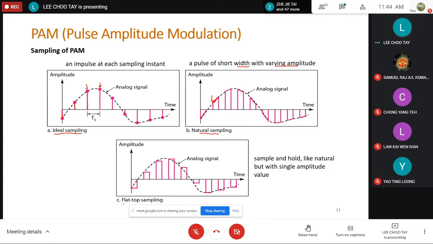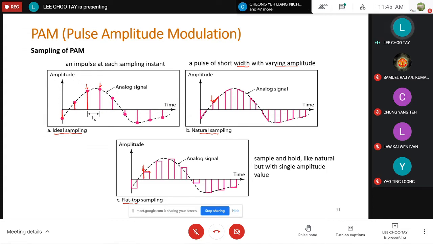And then flat top sampling: we sample at the instant of sampling and then hold the amplitude value. So the amplitude of your pulse corresponds to the amplitude of the modulating signal at the instant of sampling only.